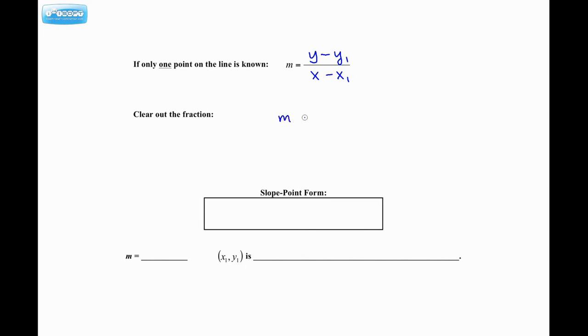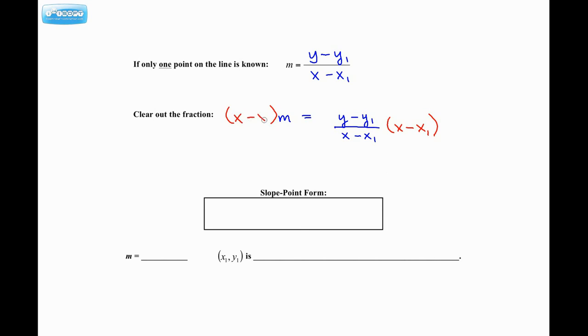So I'll just write that one more time. Like that. And I'm going to clear out the fraction. Okay, so the denominator is x minus x1. So I'm going to multiply both sides by x minus x1. So I need brackets here.